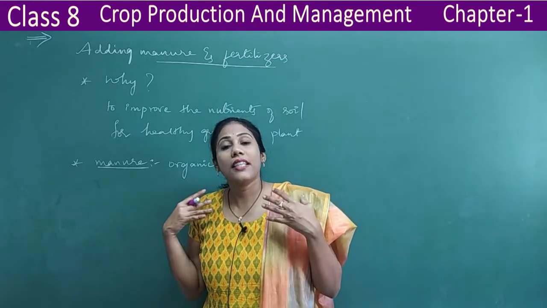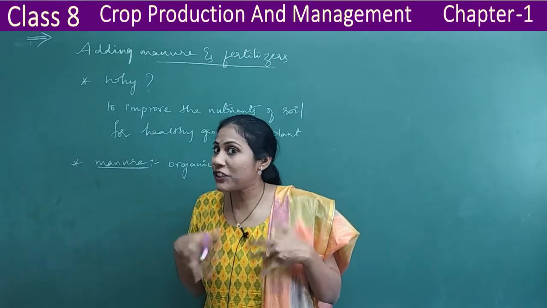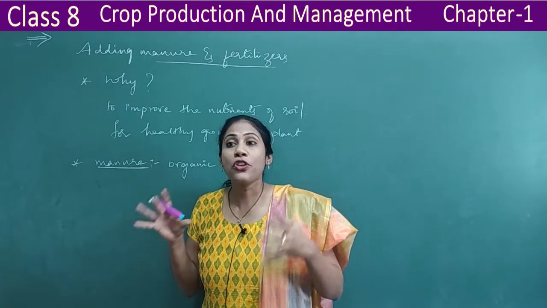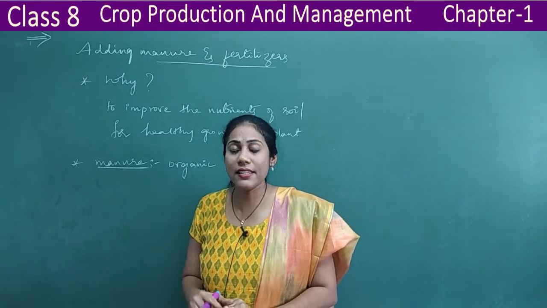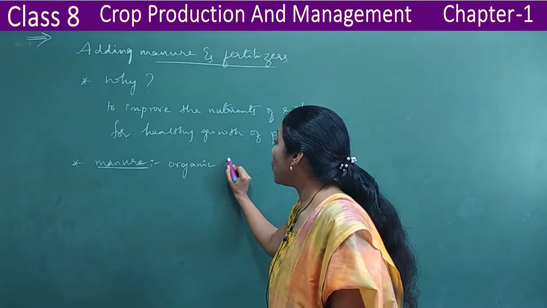See, the substances which are there in a human being are naturally present in a human being, no? So they are called organic substances. So organic substances are those naturally present substances in plants and animals. Clear?